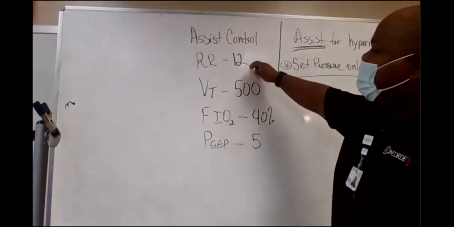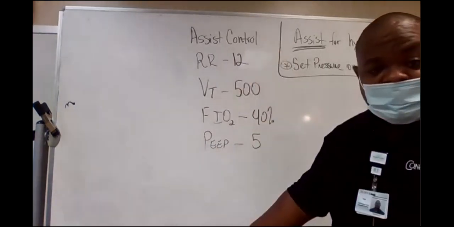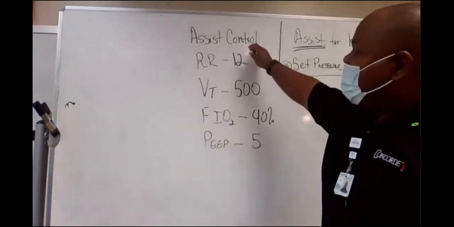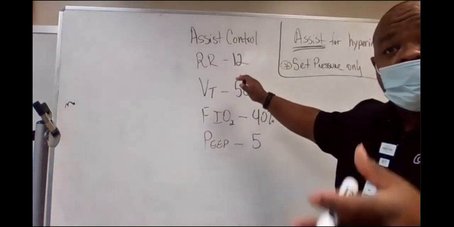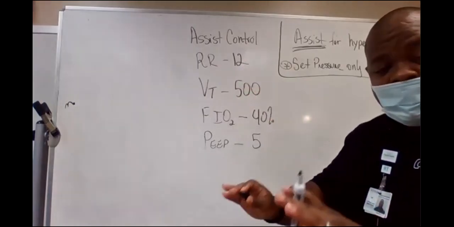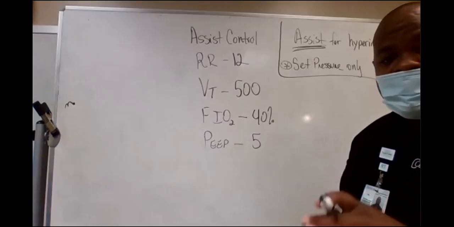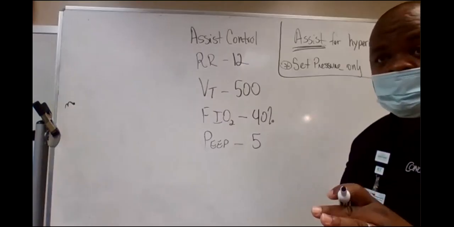Now this is not for hyperinflation, this is on a ventilator. I'm just trying to show you real quickly the assist control mode if they were on continuous ventilation, life support, the respirator, that machine that you will be manipulating. That's your job, is that machine, not the nurse.